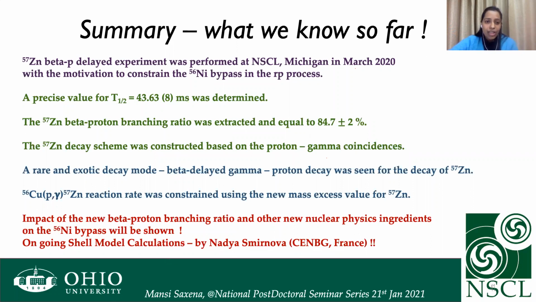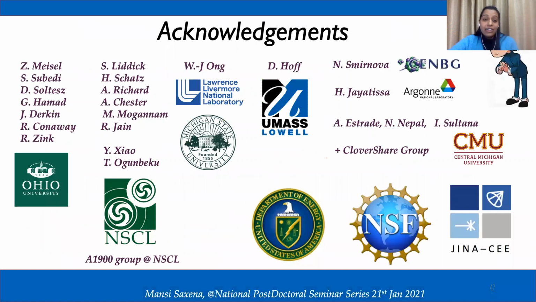So hopefully we would have the draft out very soon for all these nice results which we have obtained. A big shout out to all the people who have contributed in many different ways to the successful completion of this project. I thank you all and thank you for the attention.